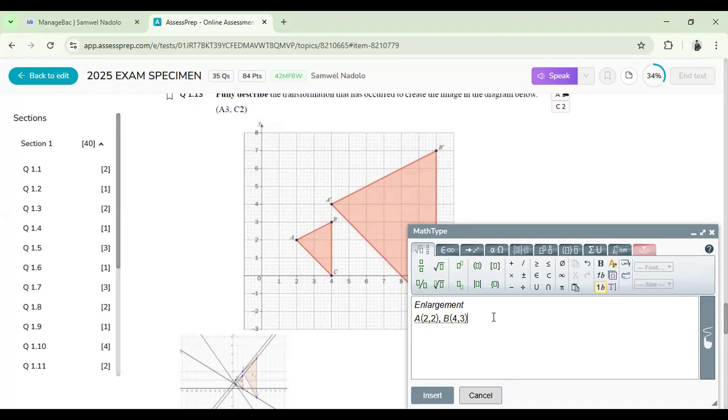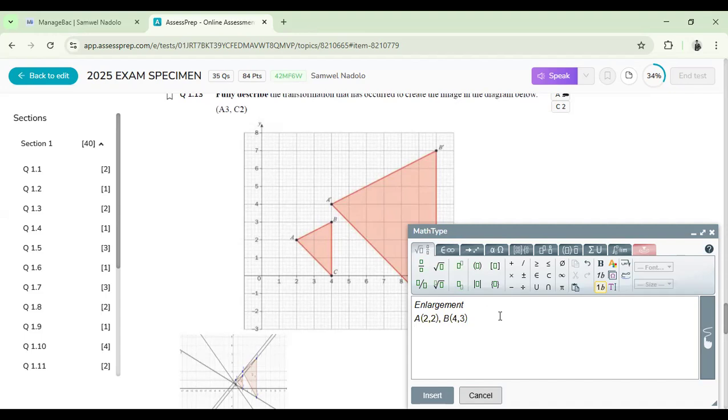If you can visualize this, the distance between A and B horizontally is only 2 steps, counting 1, 2 there. And the distance between A and B vertically is just 1, like rise and run. So you have to run 2 steps from A, and then rise 1 step to reach B.